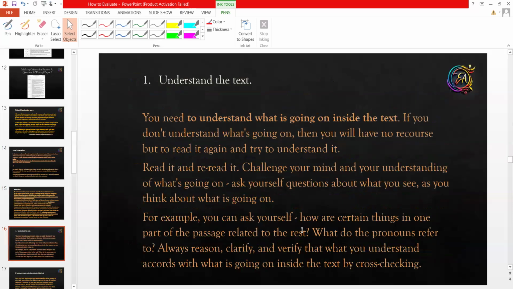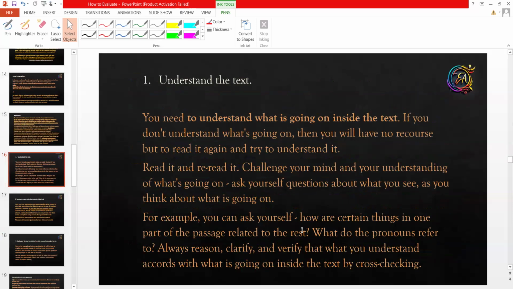Now, how are you going to evaluate? The first step is to understand the text, understand what is going on inside it, and for that you have to read and reread. As you read, mark the points where you agree. For example, you have two pens.